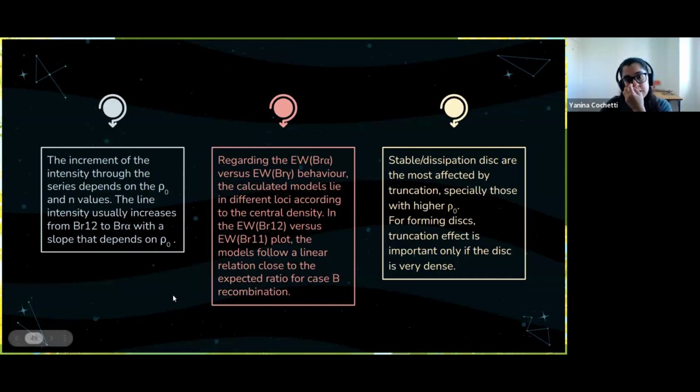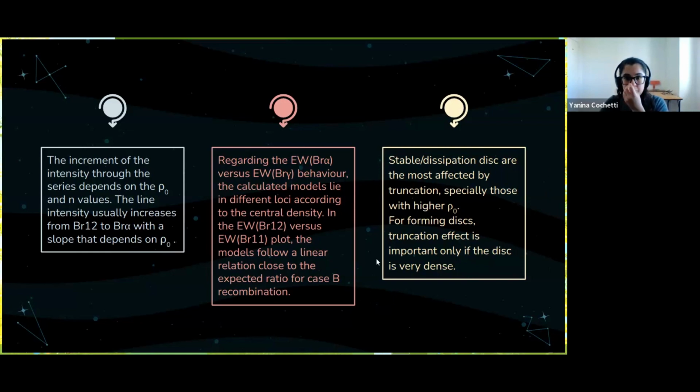We also see that the equivalent widths of Brackett alpha and Brackett gamma lie in different positions according to the central density. And for the equivalent widths of Brackett 12 and Brackett 11, the model follows a linear relationship that is close to the expected for the optically thin case.